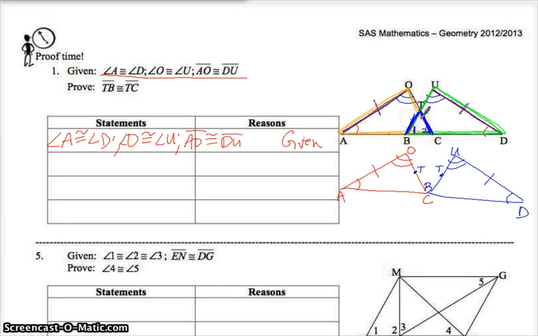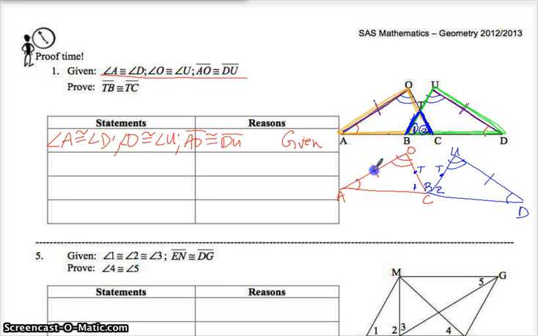So the only way I can prove these segments are congruent is if I can prove that these angles are congruent. Okay, well, I can prove that these angles 1 and 2 are congruent to each other if I can prove these triangles are congruent to each other because they're corresponding parts.